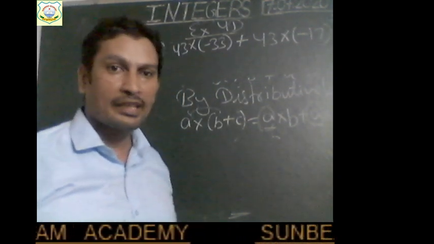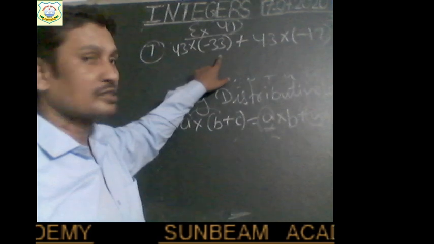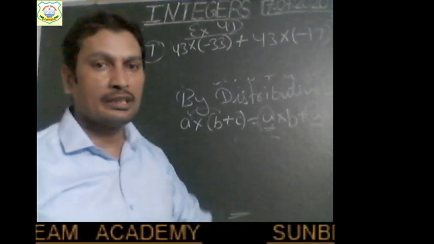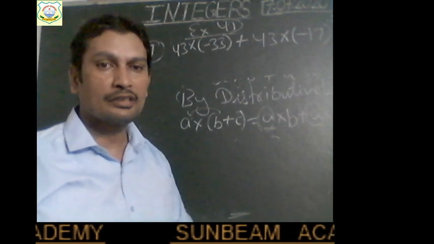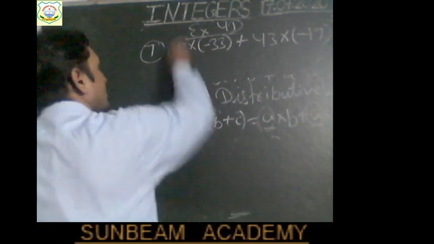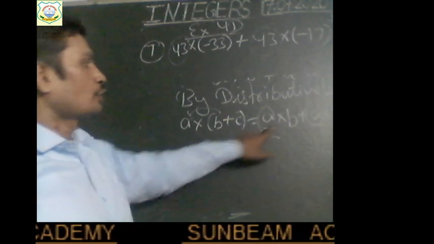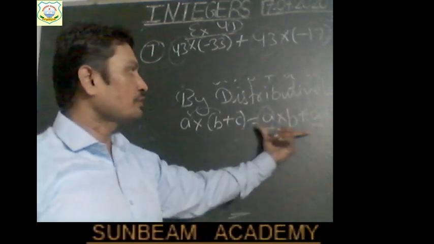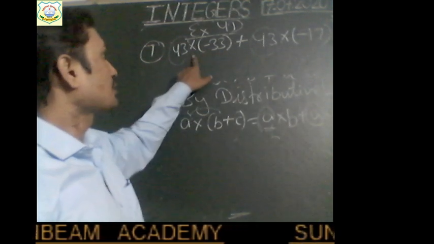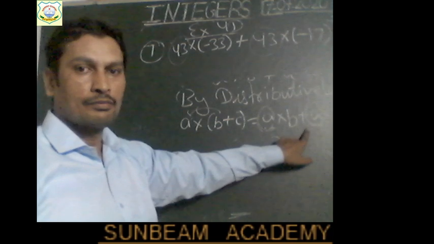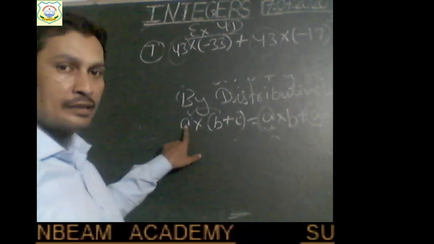Again the same form children. 43 into minus 33, a into b plus a into c. So here in place of a, which integer is common children? Here 43 is common. Am I right? So the common integer a from both the products is taken outside, right?